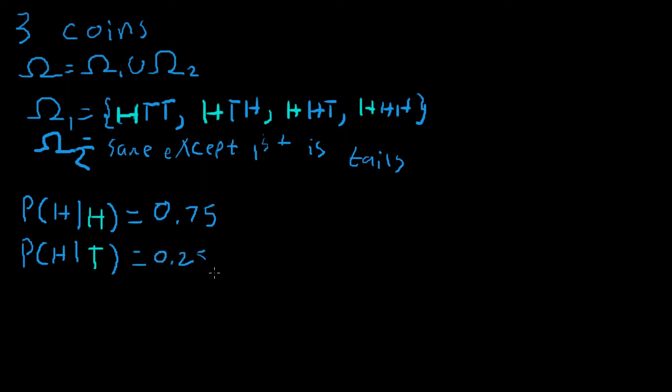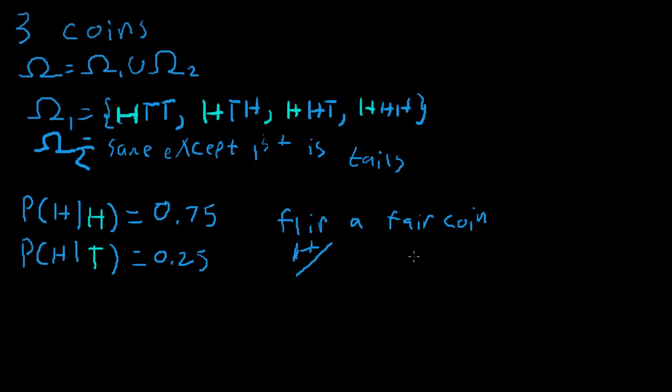So we can think of this as flip a fair coin, and then, depending on what I get, if I get a heads, I take out a biased coin, where the probability of heads is 75%. So I have two drawers.